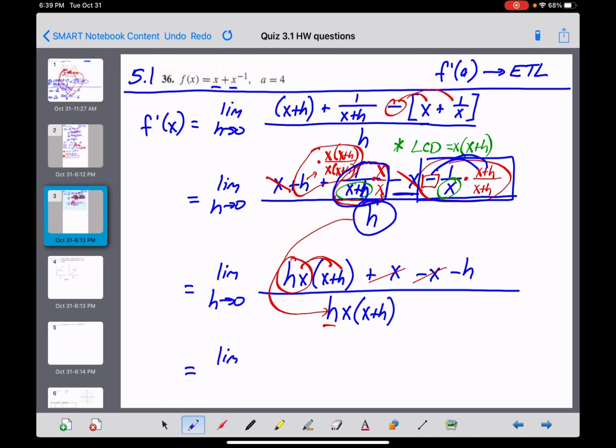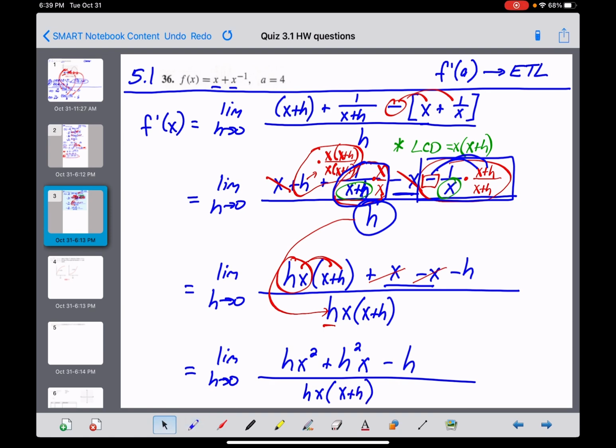So this equals the limit as h approaches 0 of the hx times x is an hx squared plus the hx times h is going to be an h squared x. Those terms are gone, and then minus h at the end of all that, over h, nope, sorry about that, over h, then an x times the quantity x plus h.